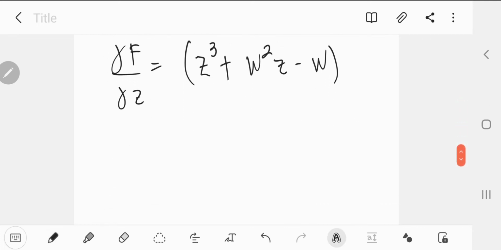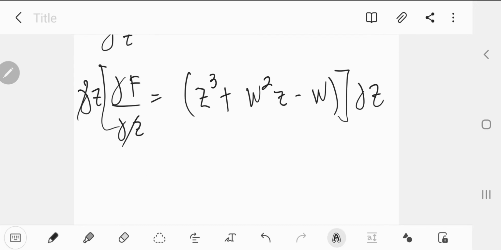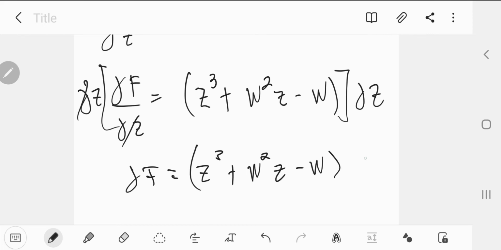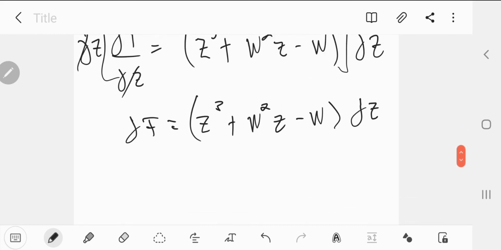We multiply both sides by dz. So we have cancellation. So we have the partial derivative of f is equal to z cubed plus w squared z minus w dz. And now let us integrate both sides.